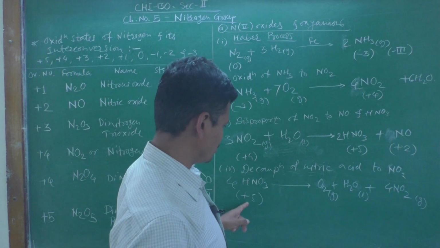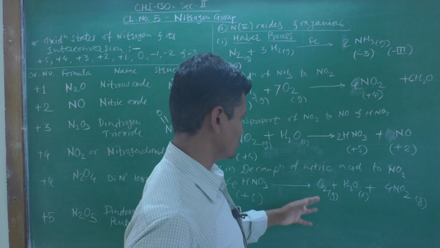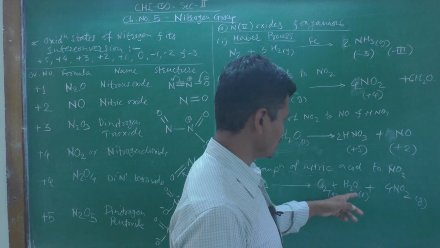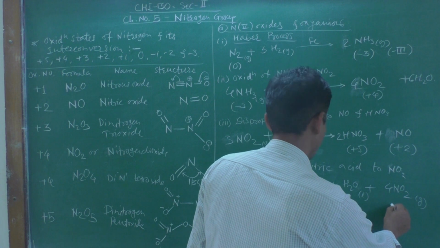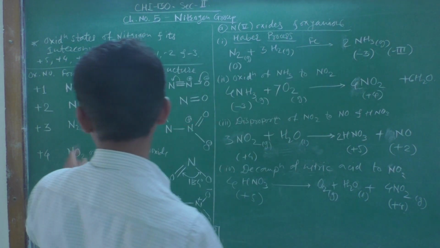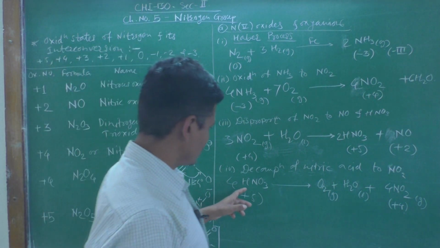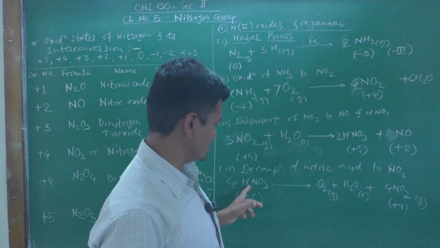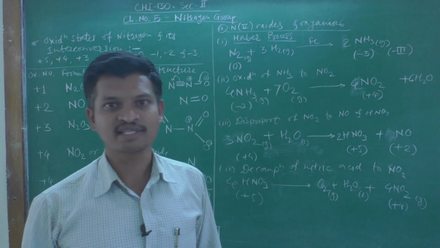So, nitric acid exists in +5 oxidation state, and this NO2 is in +4 oxidation state. So, here nitric acid which is in +5 oxidation state gets converted to +4 oxidation state, that is NO2.